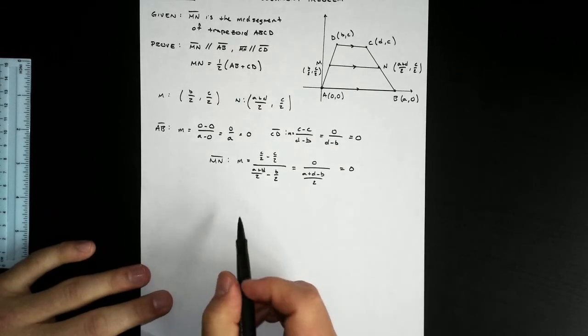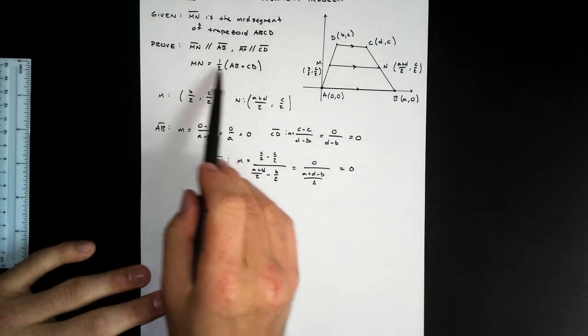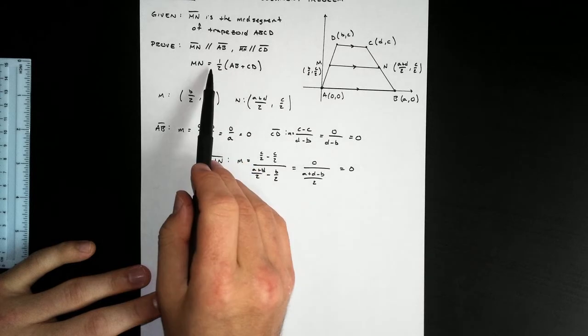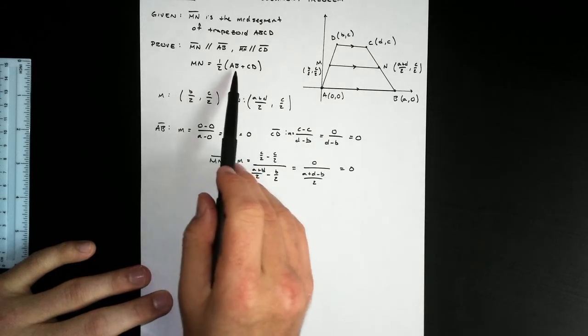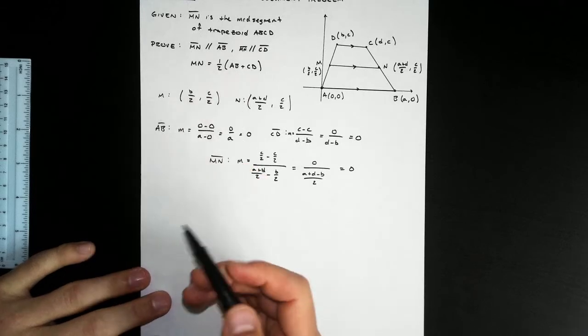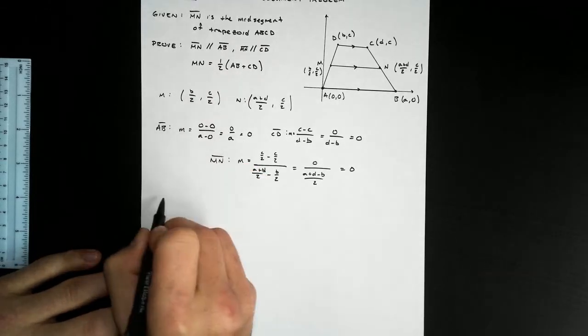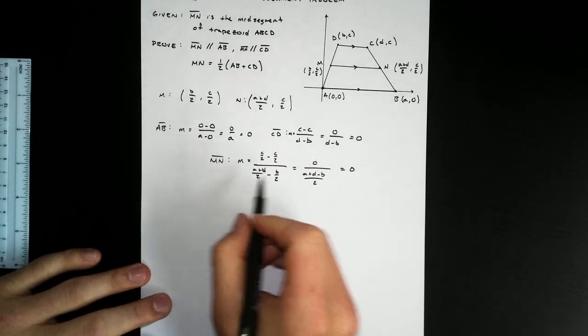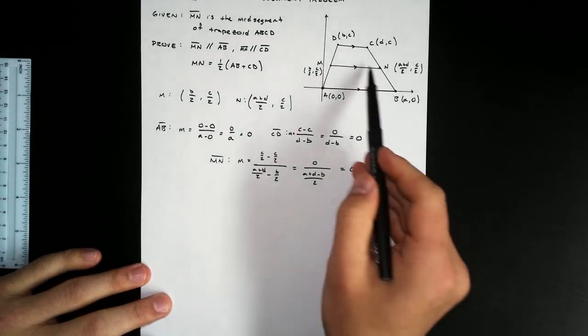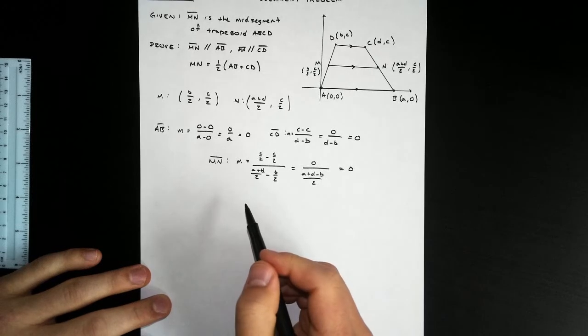All right, and now for the last bit, we just need to show their lengths. So we need to show that MN is half as big as the other 2 added together. Because we just found the slopes and we know that everything is horizontal, that actually makes finding the lengths very easy.